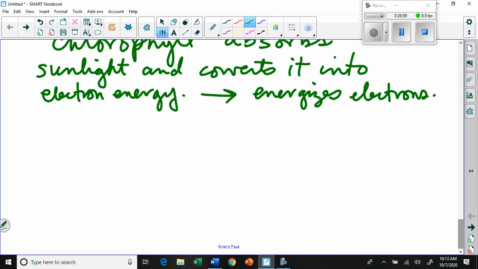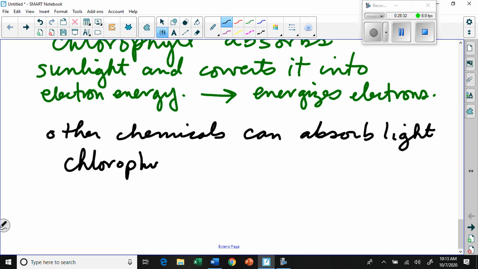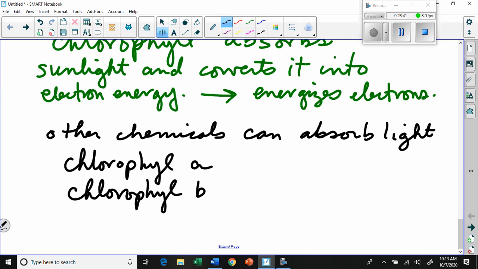So let's first make a little list here. Other chemicals can also absorb light and turn it into energy. Okay, so there are two. There's chlorophyll A, and chlorophyll B. There's two types here, and we're gonna see what their roles are.